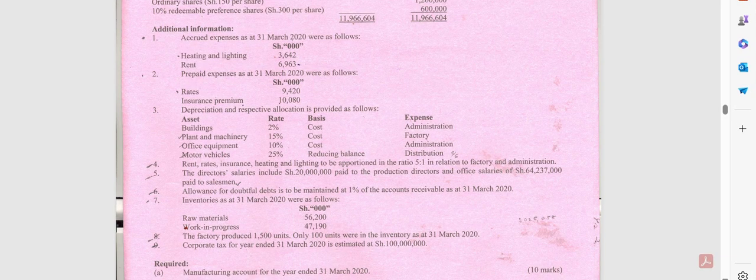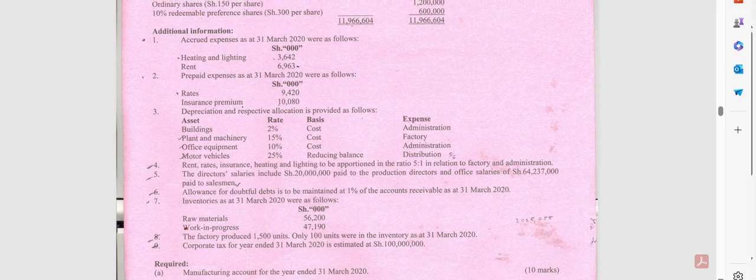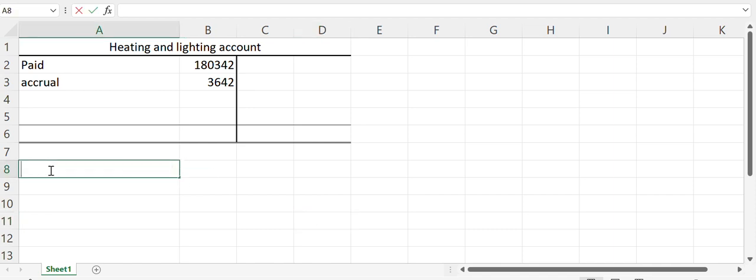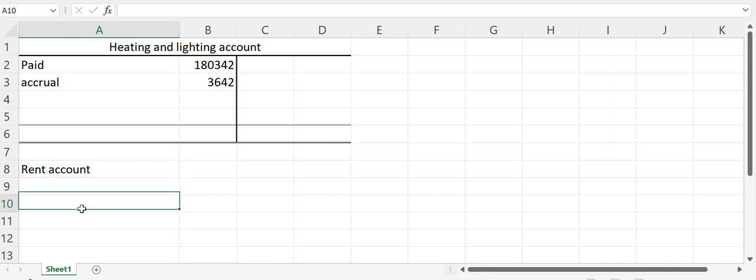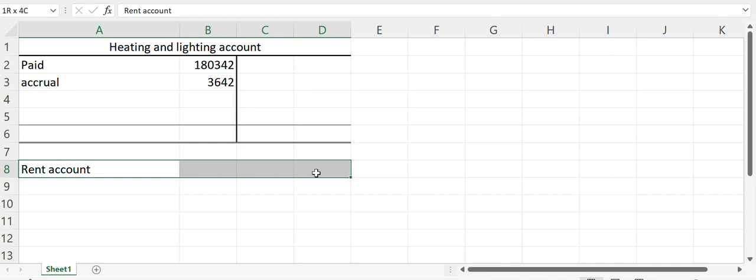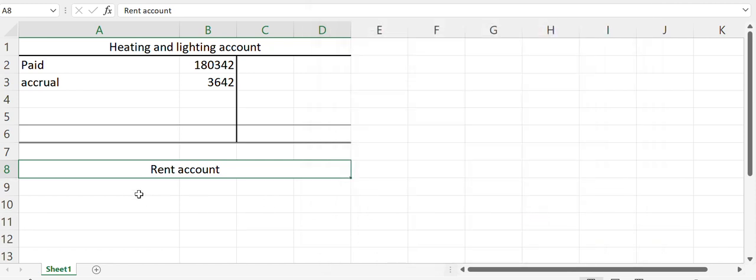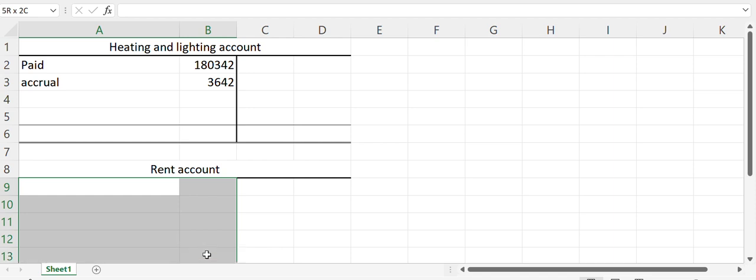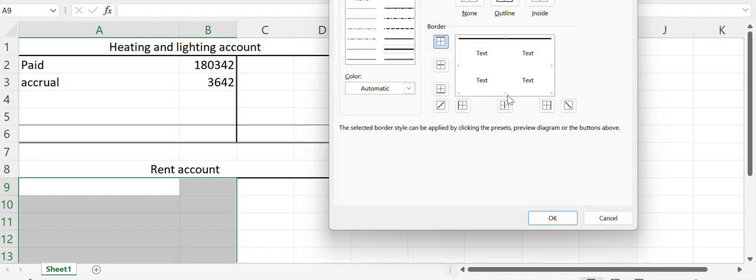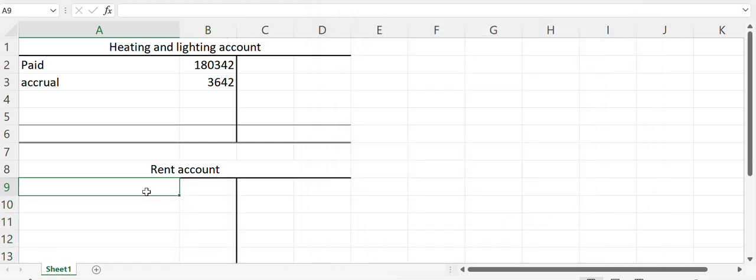We proceed with the next one. So the next one is rent. So we open rent account. So again, rent is an expense.